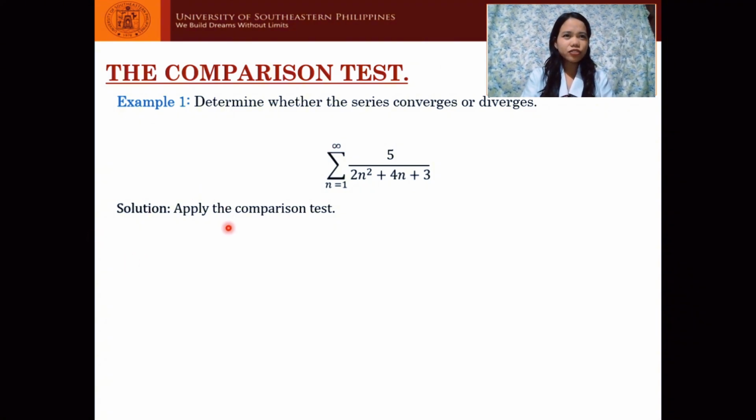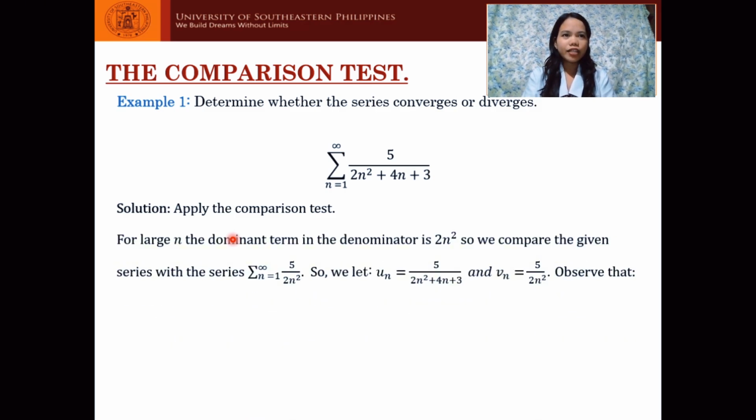For large n, the dominant term in the denominator is 2n squared. So we compare the series with that dominant term in the denominator, which is 2n squared.